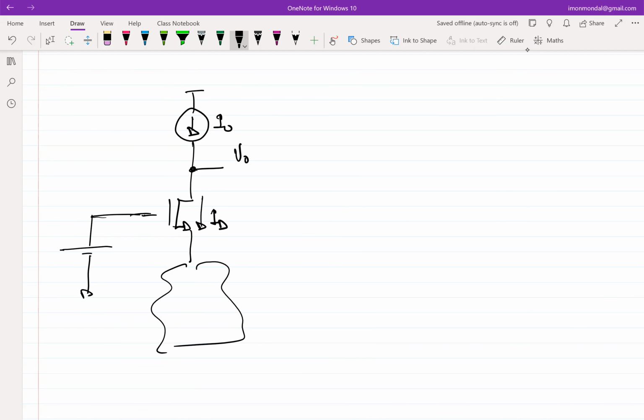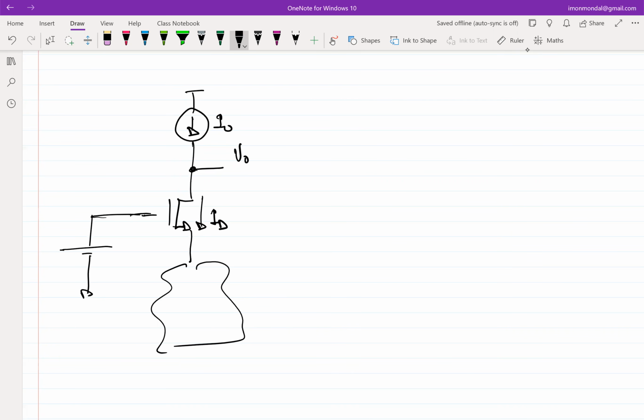If you imagine yourself sitting in the lab, you have control of the source terminal, and you are observing V naught, and you observe that V naught is increasing. Then what is the conclusion? ID is less, which means you have to increase ID, right? ID is the control source. You can change ID. You have to increase ID.